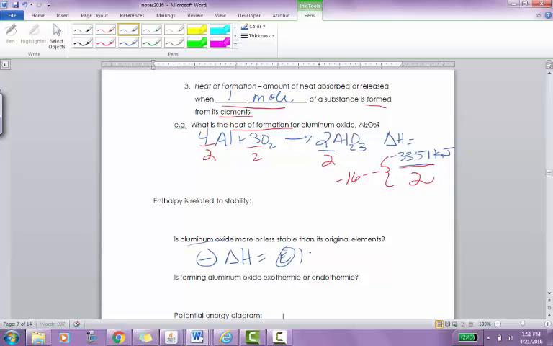That means it's exothermic, which means the products are more stable. The aluminum oxide that's formed is more stable than the original elements. Forming aluminum oxide, that's exothermic. You can tell that because of the negative sign on the enthalpy.